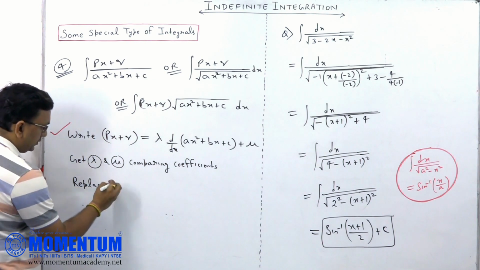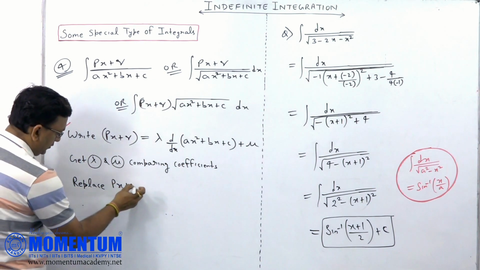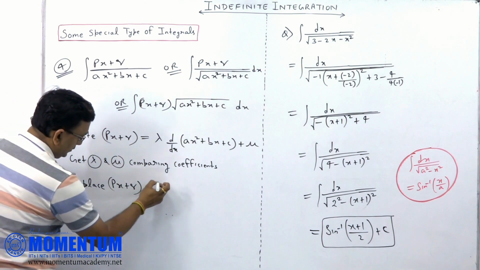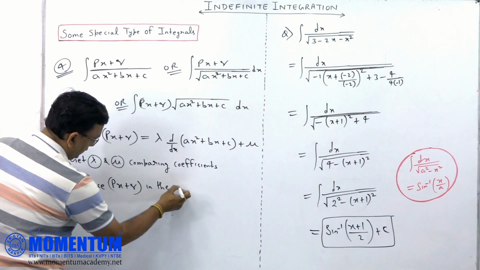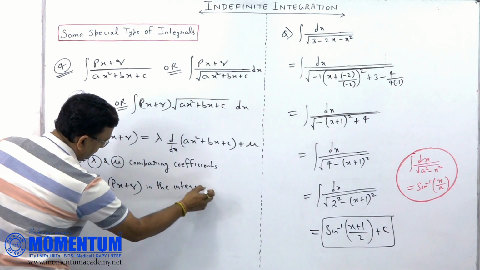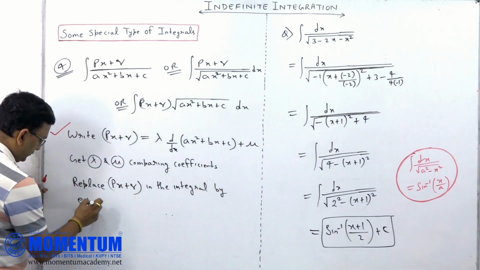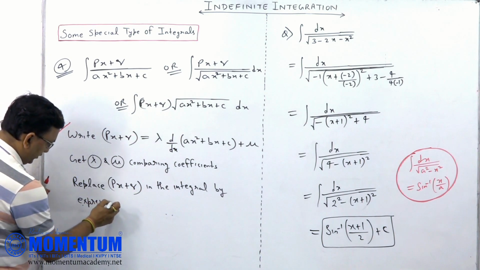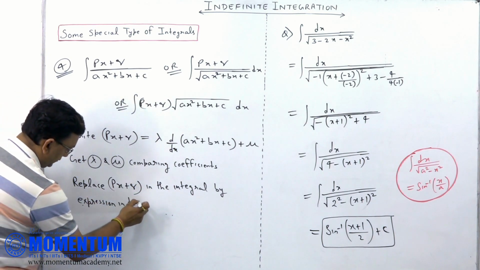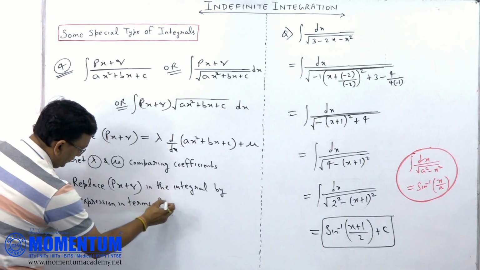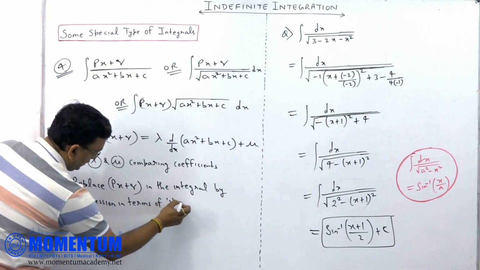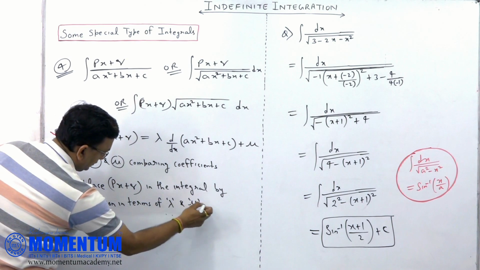Replace px plus q in the integral by the expression in terms of lambda and mu.